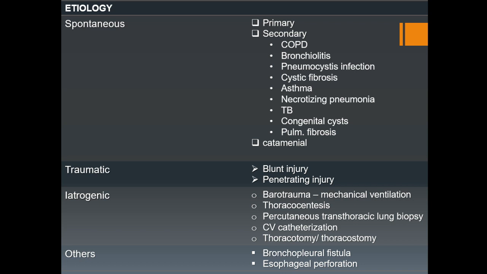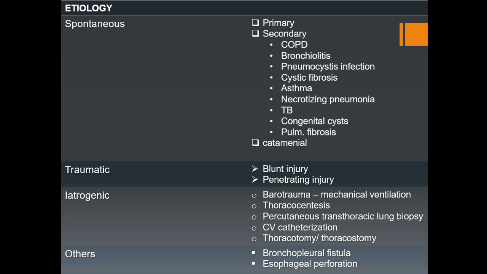Also when you have TB of the parenchyma, especially subpleural, when it ruptures, it leads to pneumothorax. Or a cause may be a congenital cyst, either bronchogenic, cardiac, enterogenic or teratogenic cyst.